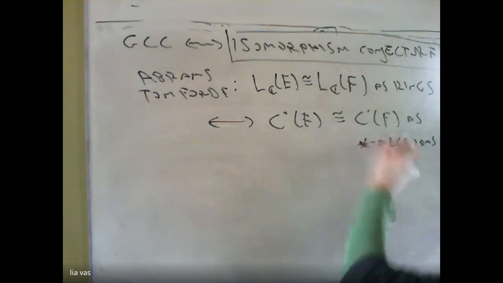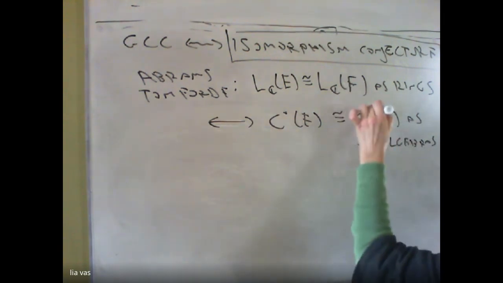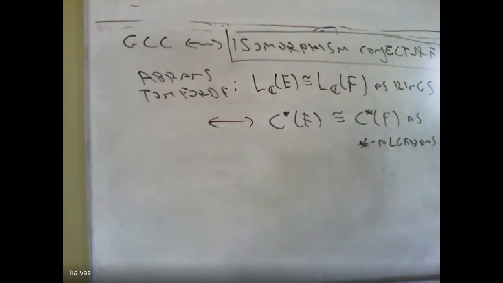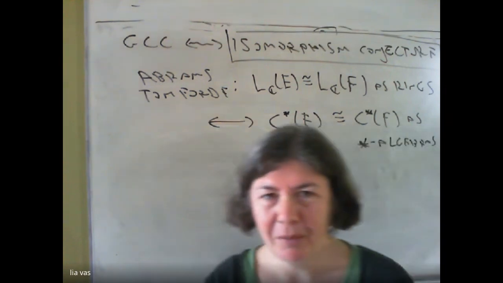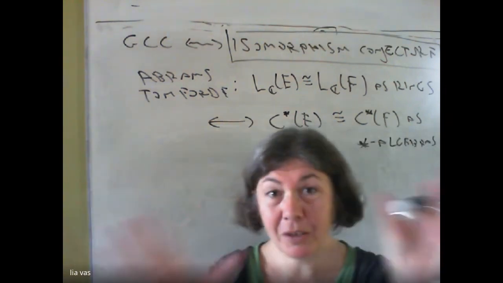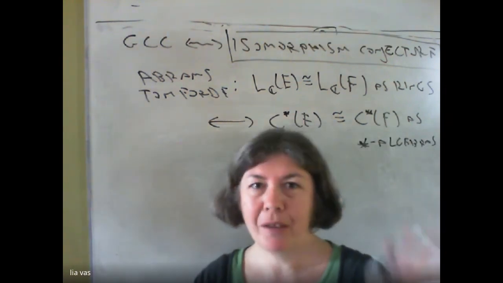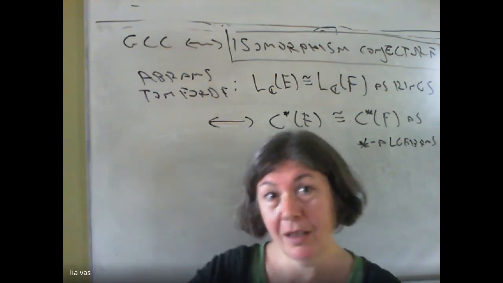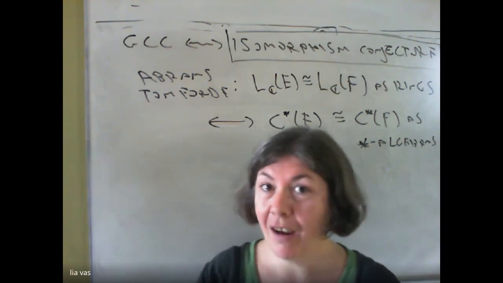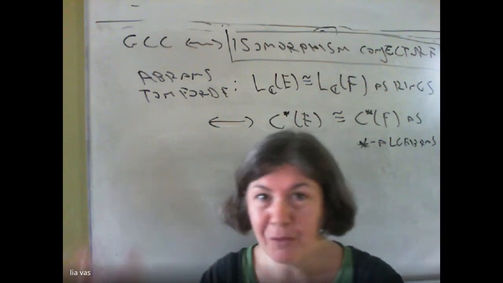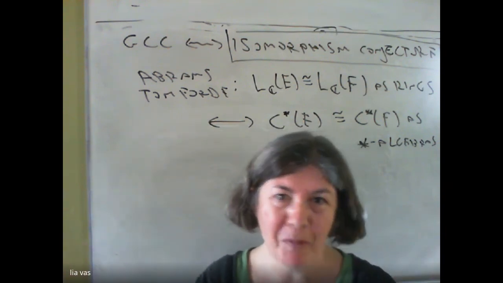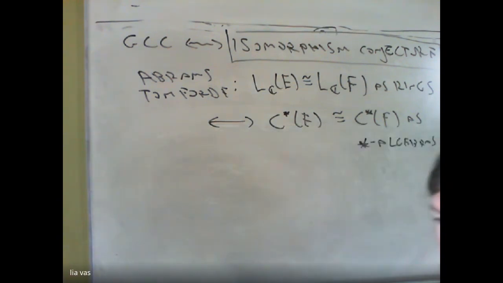So you see, it's a very relevant question if you are thinking in terms of finding the connection between Leavitt path algebras in the pure algebra world and graph C-star algebras in the world where you have norms and some type of topology and all of that.